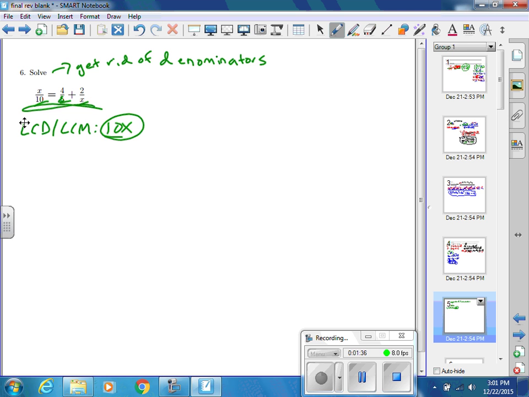Depending on how your teacher did it, they might do it something like 10x times x over 10 plus 4 over, equals 4 over 5 plus 2 over x. So they might do it like this, just have the 10x there, and then start doing stuff inside. They might have it over 1, where they have a 10x over 1 next to everything.